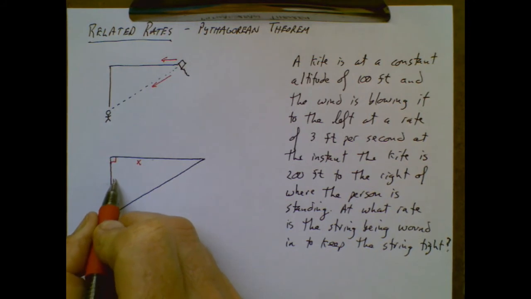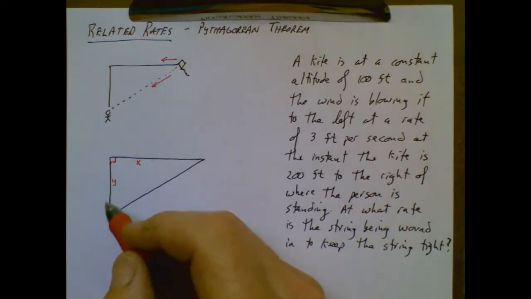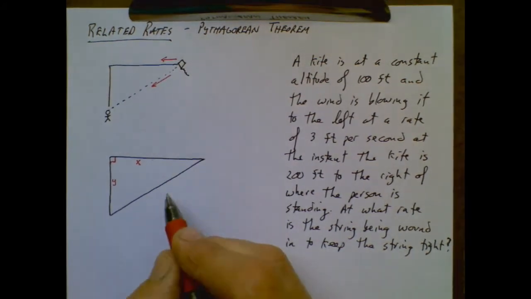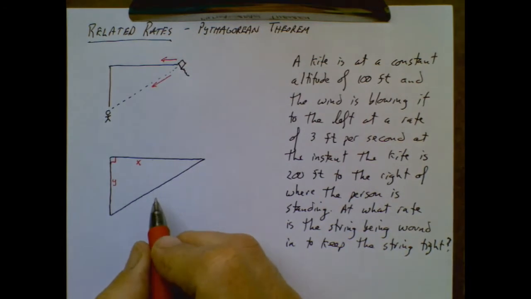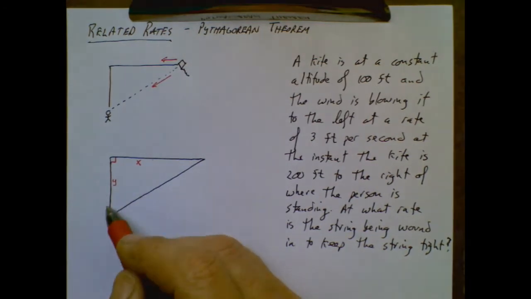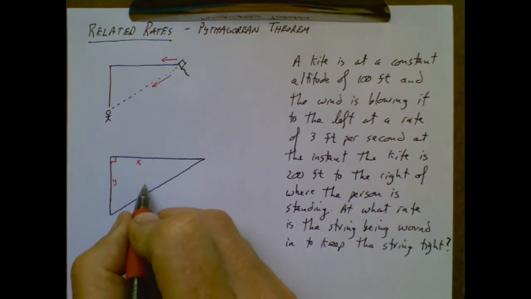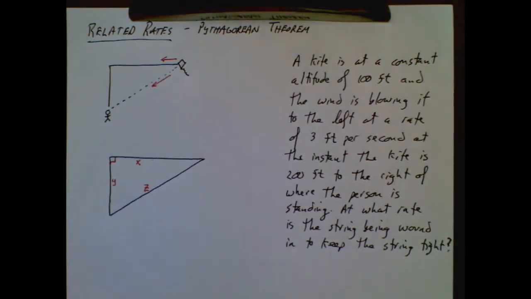And this distance right here is an up and down distance, which is normally a y value in math, so go ahead and use a y. This is the hypotenuse, so you could use an h. If you use an h, you sometimes mix it up with a height, so I think I'm going to use a z to represent hypotenuse. Go with whatever you want. So that's our first level of labeling.